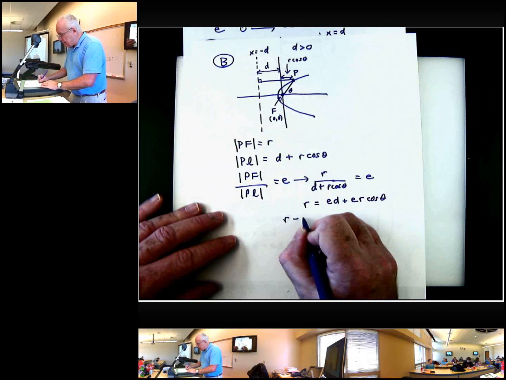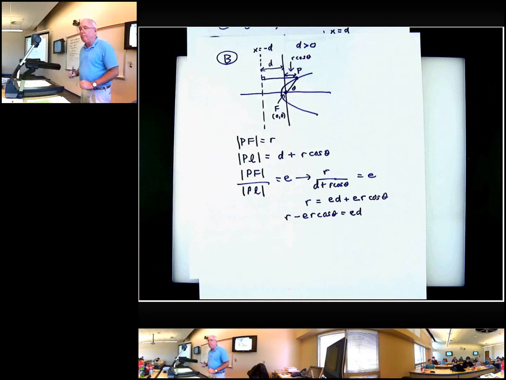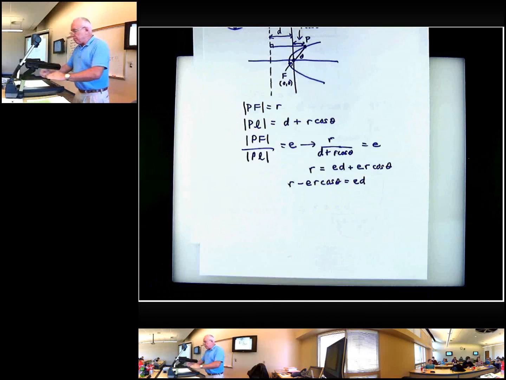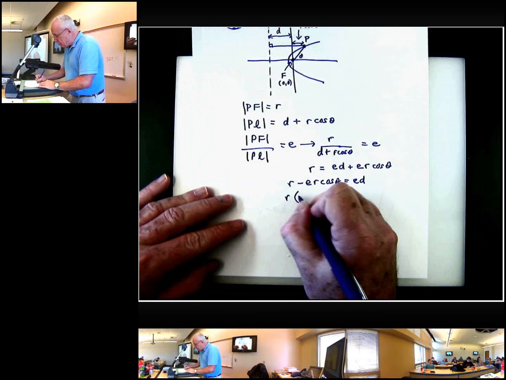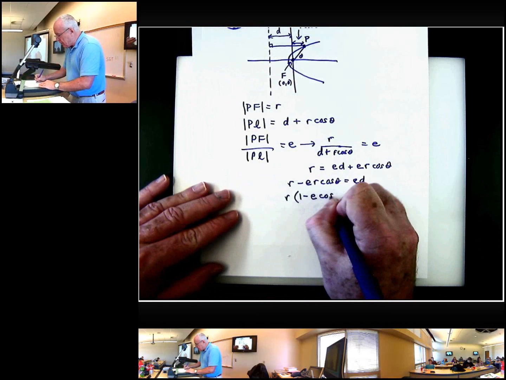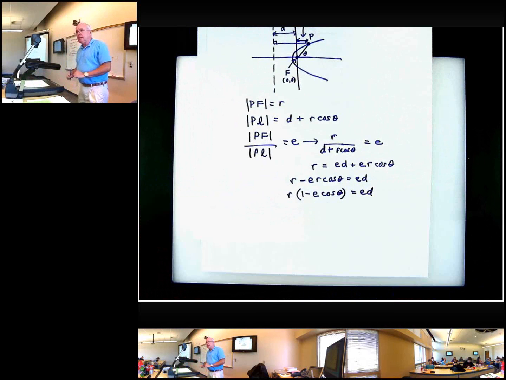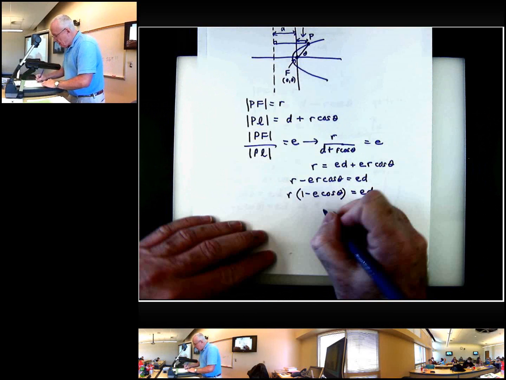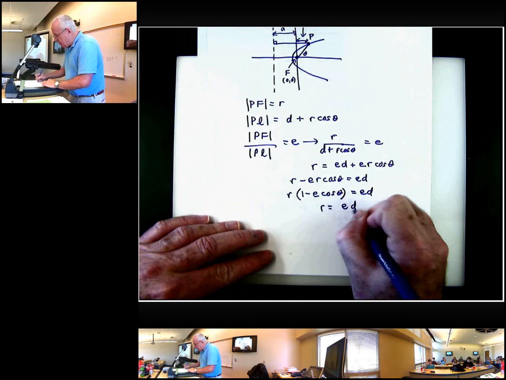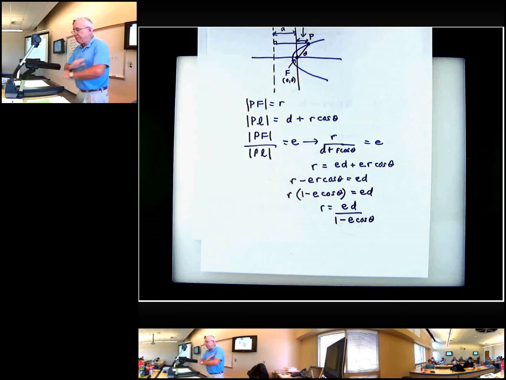R minus ER cosine of theta is equal to ED. Bring out the R that's common to both. So that's R times 1 minus E cosine of theta is equal to ED. And then divide. So I get R is equal to ED over 1 minus E cosine of theta.